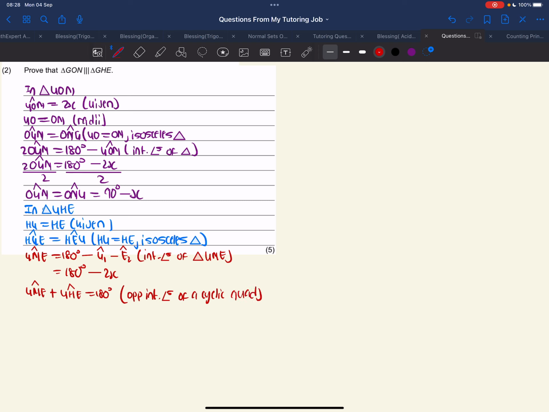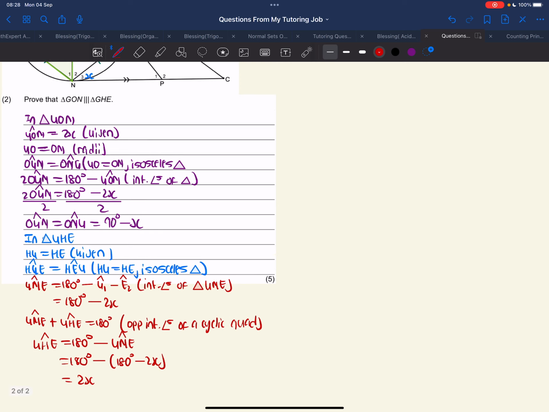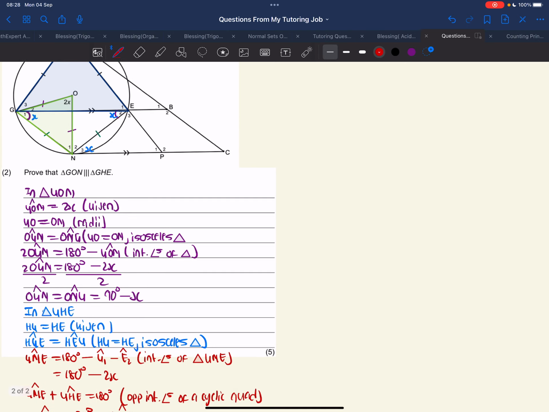So GHE is 180 degrees minus GNE. Remember, we calculated GNE to be 180 minus 2x, so GHE is just 2x. So we now know that angle GHE is 2x.